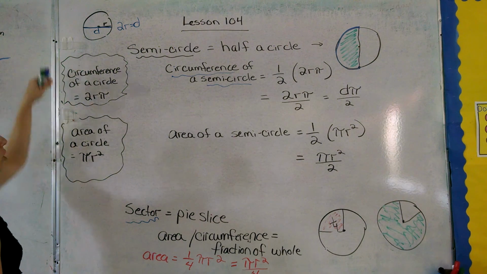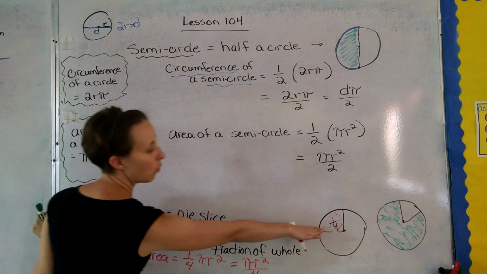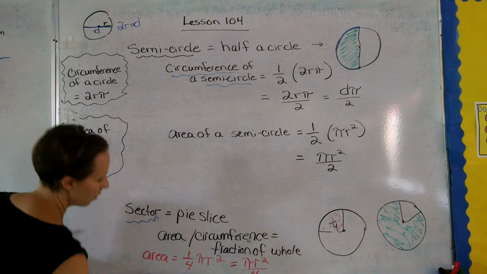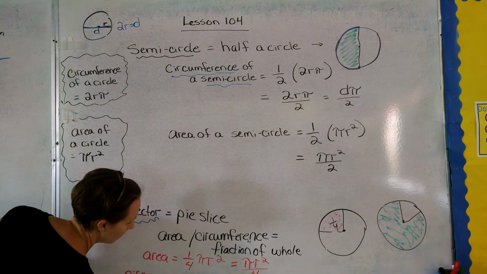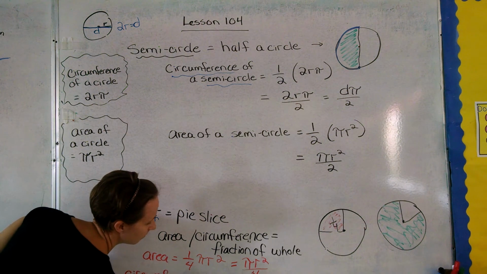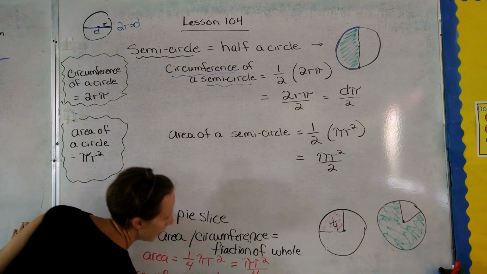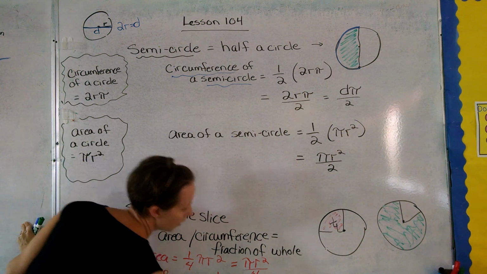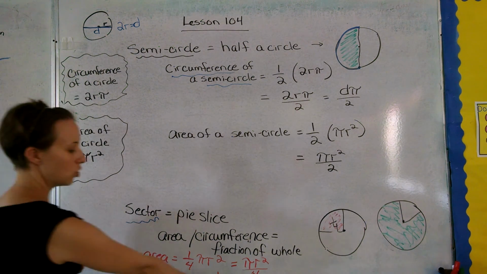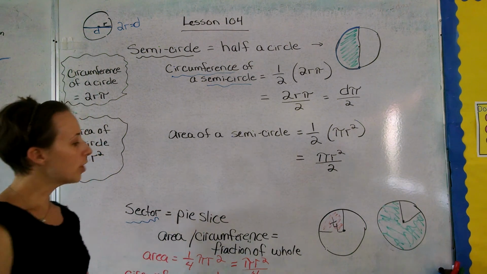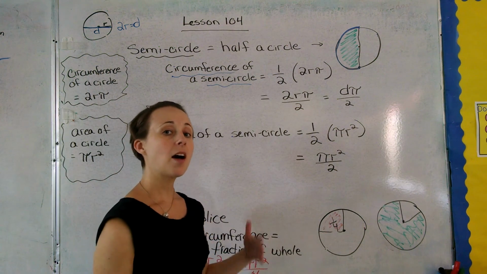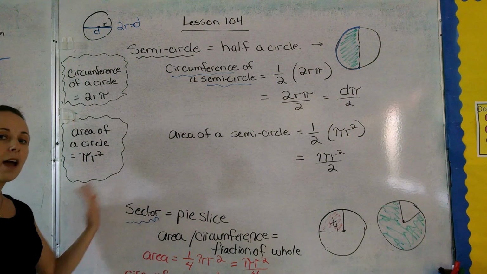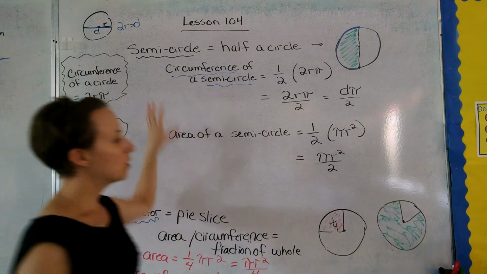If the circumference of a full circle is 2 pi r, and I want to find the circumference of only 1/4 of the circle, I would take 1/4 times 2r pi. Or I could easily write that also as 2r pi divided by 4. You can use this for any fractional part of a circle. I'd like you to stop the video now, make sure you have a complete set of notes. We're going to try a few practice problems together to practice using this information.